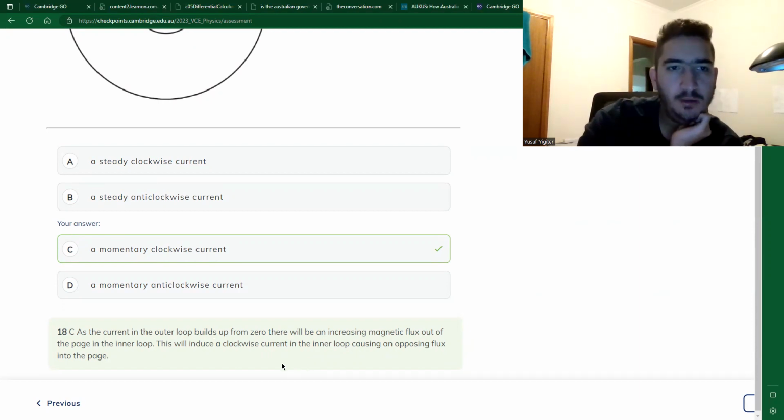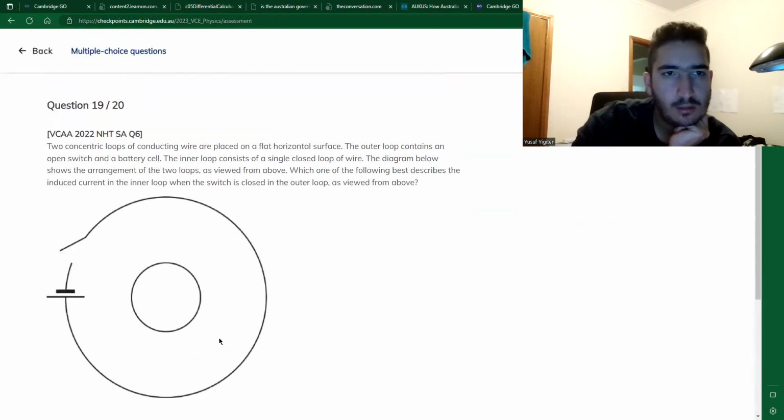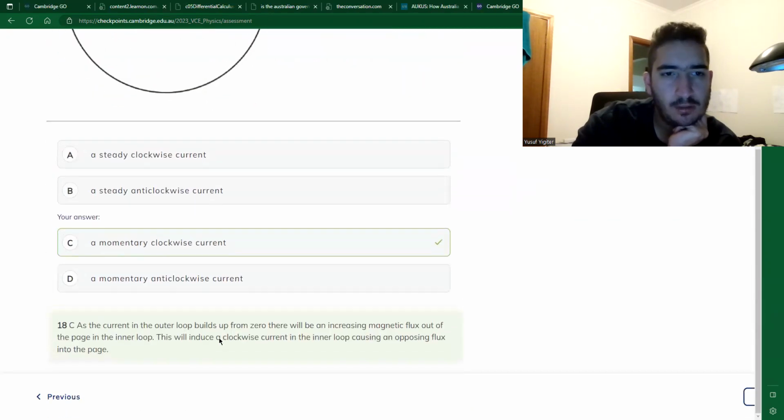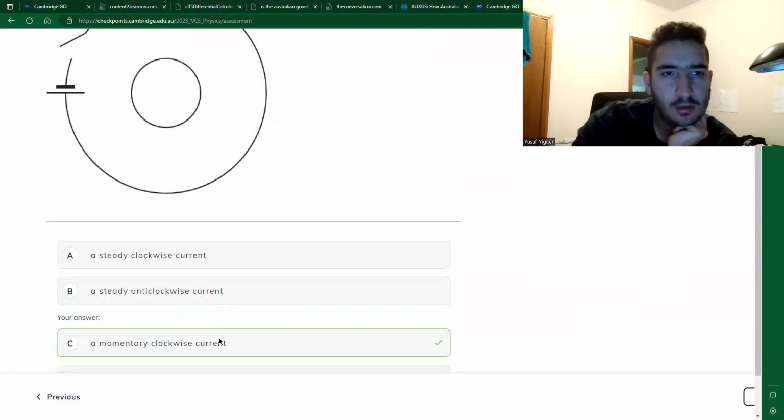But what's the difference between momentary and steady? I know the words' definitions, but why would it be momentary and steady? This is 2022 NHT, Question 6.